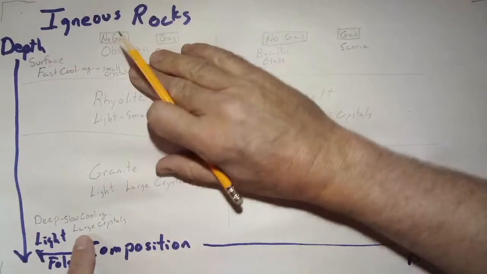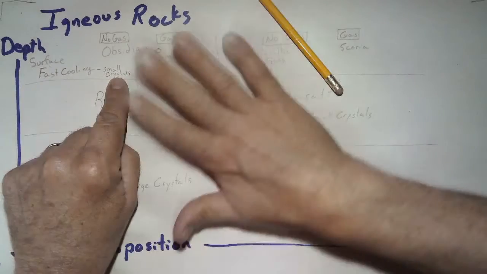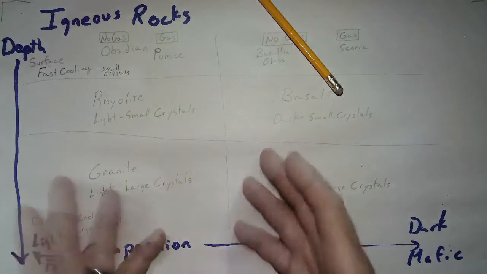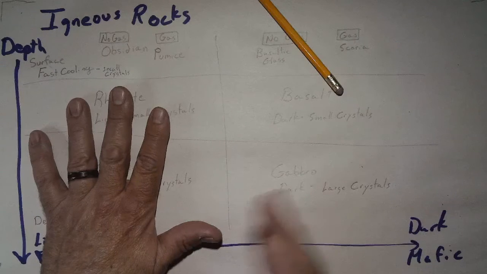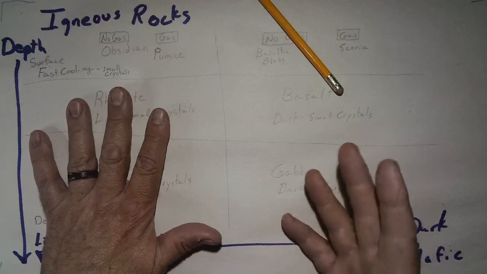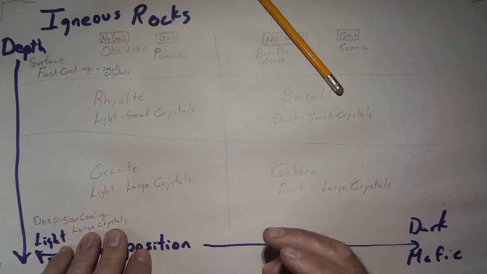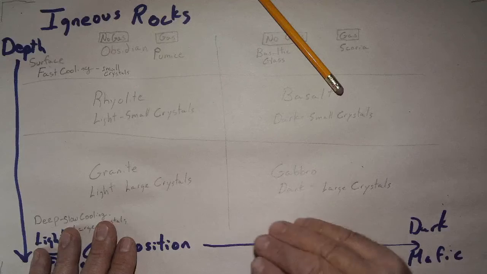And that will help us identify it. And you realize right away, if you're seeing small crystals, that rock is telling you about where it formed, what happened to make it form. And when we put it in the context of plate tectonics, it's describing where it formed in terms of plate tectonics. Cool. And similar with large crystals. Large crystals are telling you this rock must have cooled deep underground.